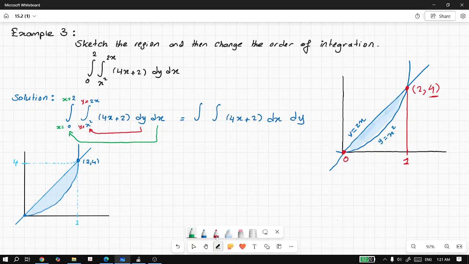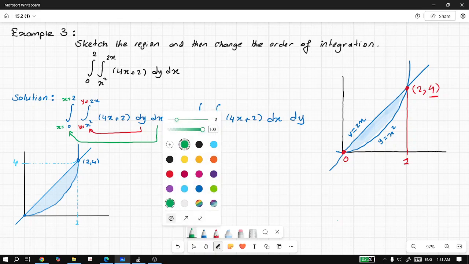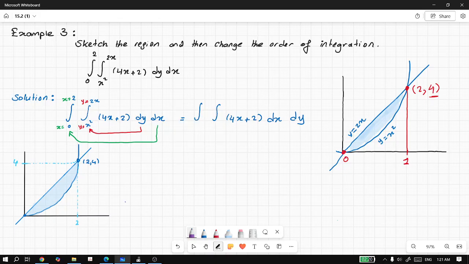We know that for finding the limits of integration when it is dx, we have to draw a horizontal line parallel to the x-axis and passing through the region that we have got. It enters the region at this point and leaves at that point. What is that point that we have got here? Here we have y equal to 2x. So x is equal to what?